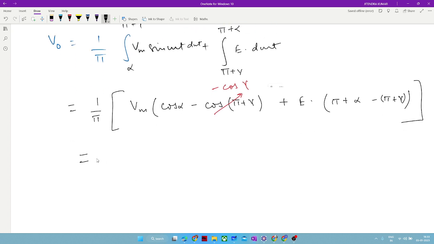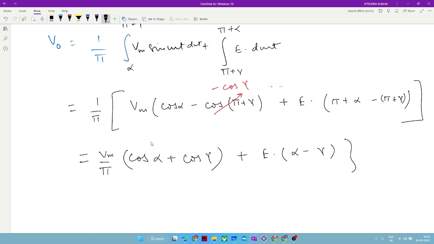Now you can just simplify it: 1 by pi, Vm cos alpha plus cos gamma, plus E into alpha minus gamma.